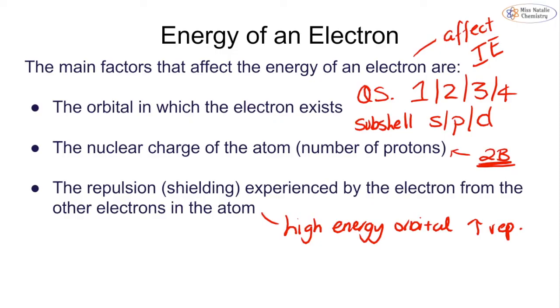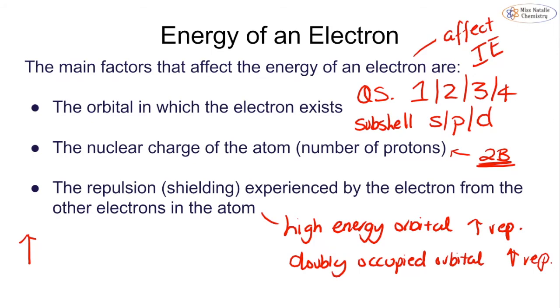If it is in a doubly occupied orbital, i.e. it has got a partner, so there are 2 electrons in it, it is also going to experience increased repulsion. And any increased repulsion is going to cause your ionization energy to be lower. So high repulsion gives a lower ionization energy. And again, we will come back and discuss this in topic 2b when we're looking at the trends.